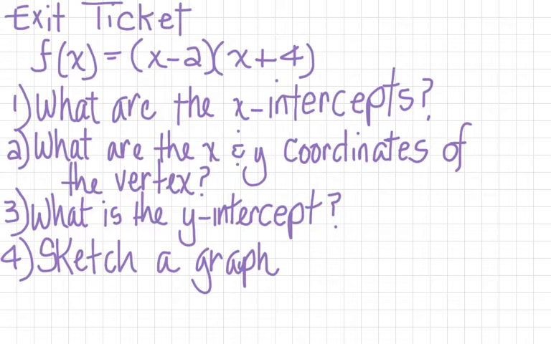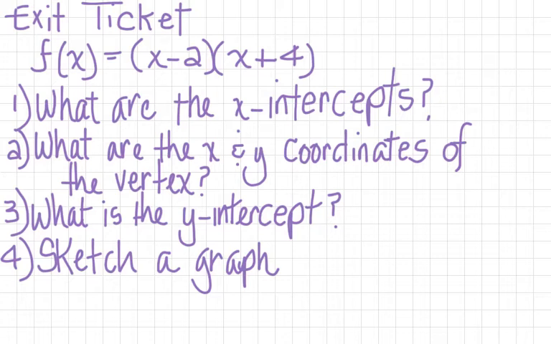What is the y-intercept? And can you sketch a graph? A quick sketch of a graph using the x-intercepts and the vertex and the y-intercept. So I want you to go ahead and work on those 4 questions, and then on the next slide, I'll show you how to do them.